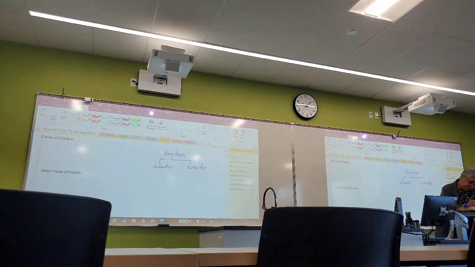The static force of friction acts on the object that is at rest. Static. It acts on the object that is at rest. And this kinetic force of friction acts on a moving object.